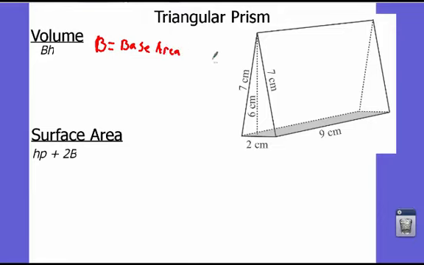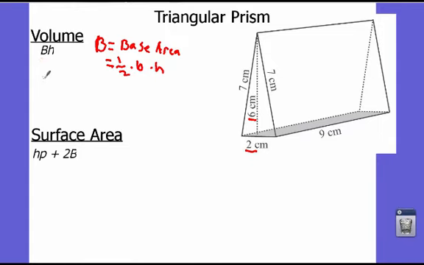So we look at this and we say, well, the base is a triangle, so we should know that base area of a triangle is 1/2 times the base of the triangle times the height of the triangle. So the height of a triangle is defined as the perpendicular distance from the base to the vertex opposite it. So in this case, our base of our triangle is 2, and the height of our triangle is 6.